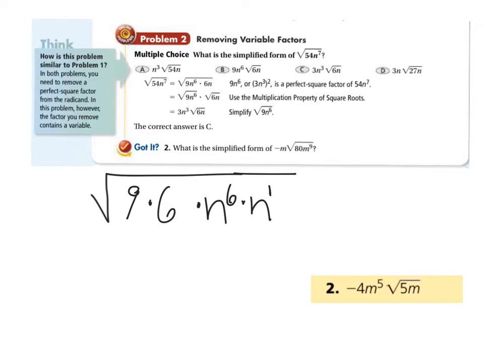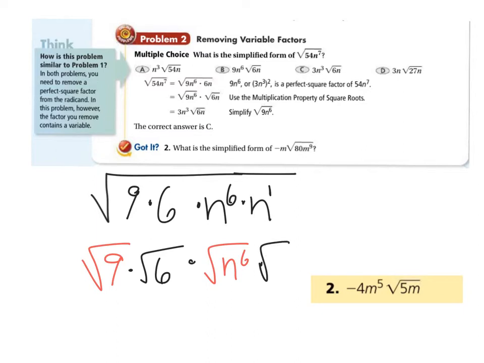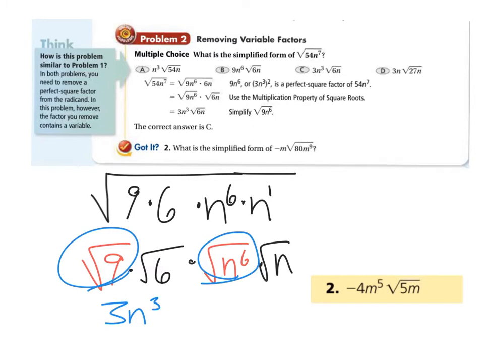So rewriting this, I'm going to have the square root of 9 times the square root of 6 times the square root of n to the 6th times the square root of n. Perfect squares here: 3 and n cubed, and everything else goes right back into the radical sign.